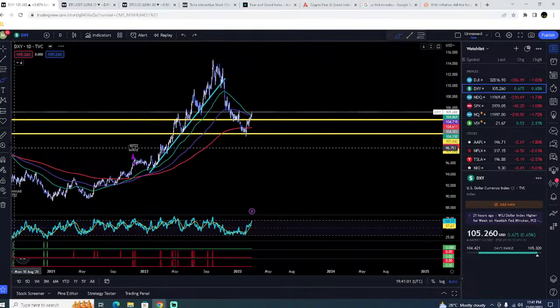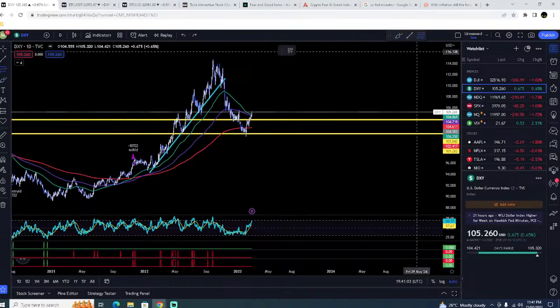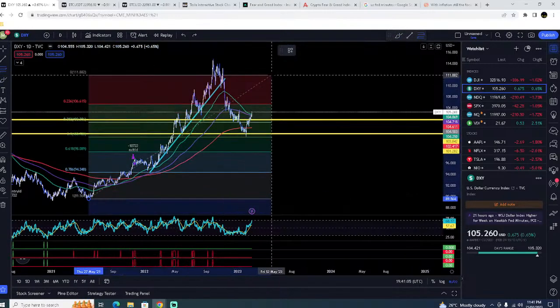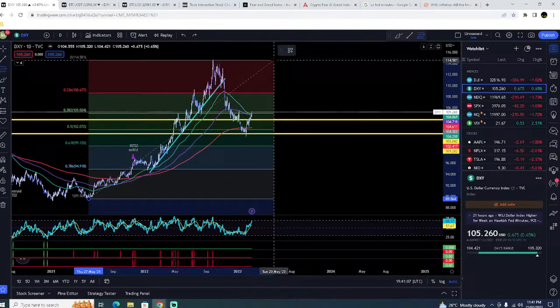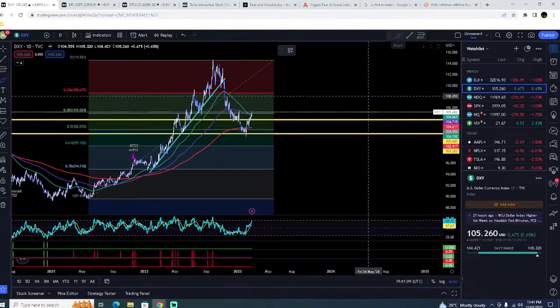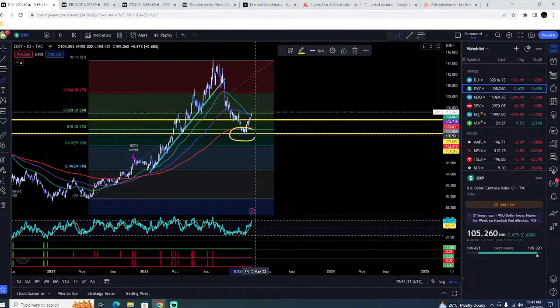But little bit of a concern is the fib levels on the DXY. If I quickly draw them over here, this bounce over here was from the 0.5 fib level at $102, and now we are testing the 0.38 level.